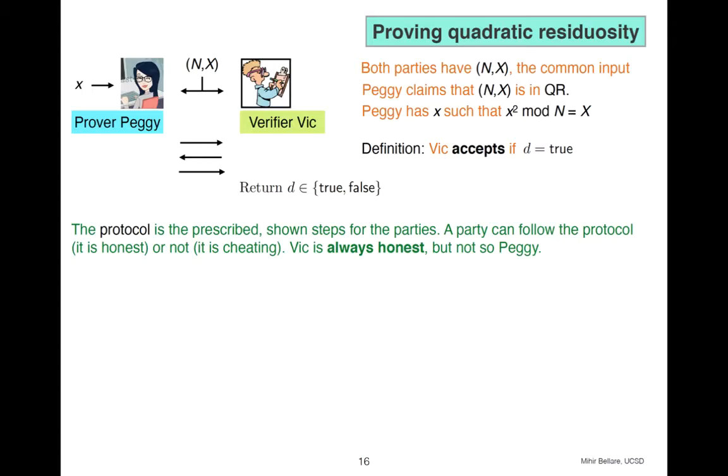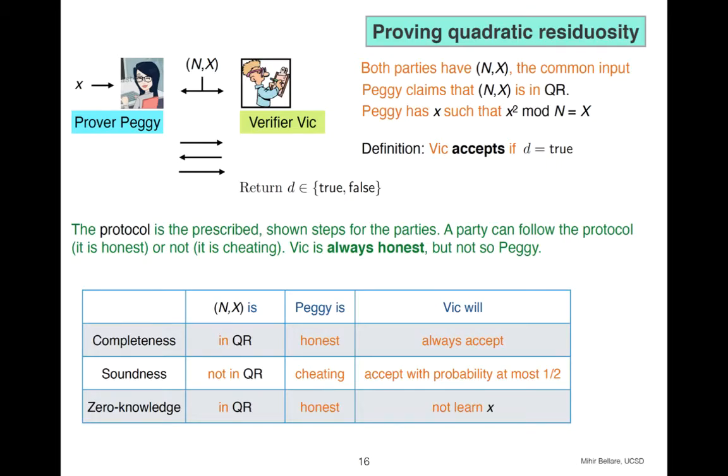The protocols are the equivalent of those for Peggy and Vic here. But parties need not follow them. We call them honest if they execute the algorithm or protocol we prescribed, and cheating if they don't. In the setup we have here, the verifier is always honest, but whether the prover is honest or not depends on what condition we're interested in.